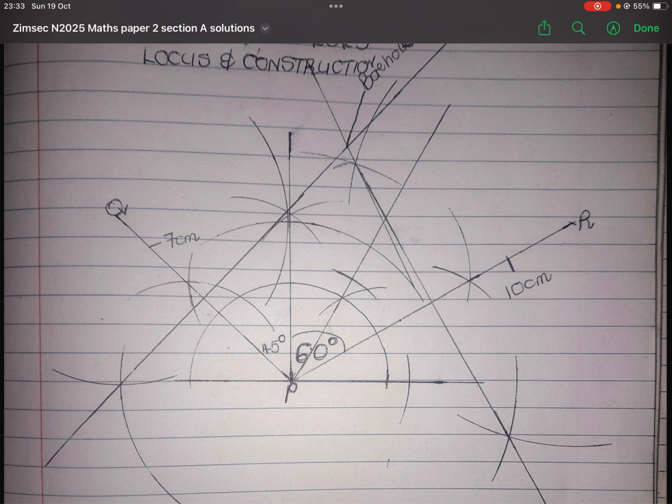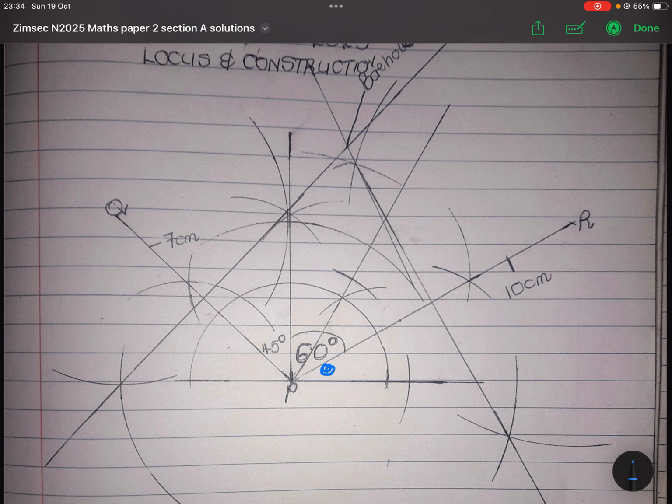And then from P to Q, you measure 7 centimeters and you write your 7 centimeters on P and Q. And then after that, you need to measure 60 degrees towards the east, right, from P. So for your 60 degrees to be in between, the first step is that you need to construct the 60 degrees first of all, and then after that you construct the angle bisector of 60 degrees in order to get these 30 degrees, right?